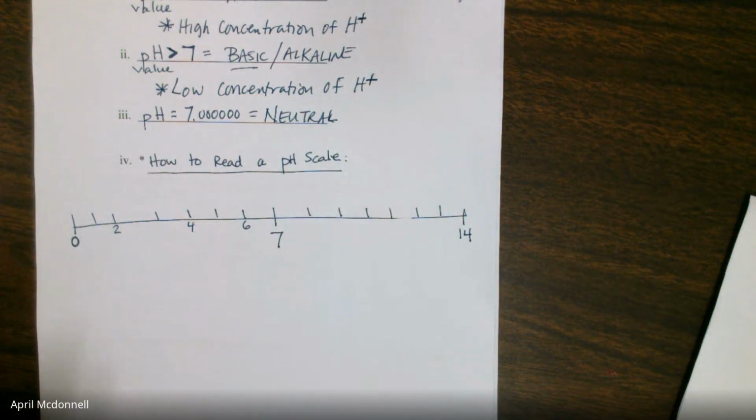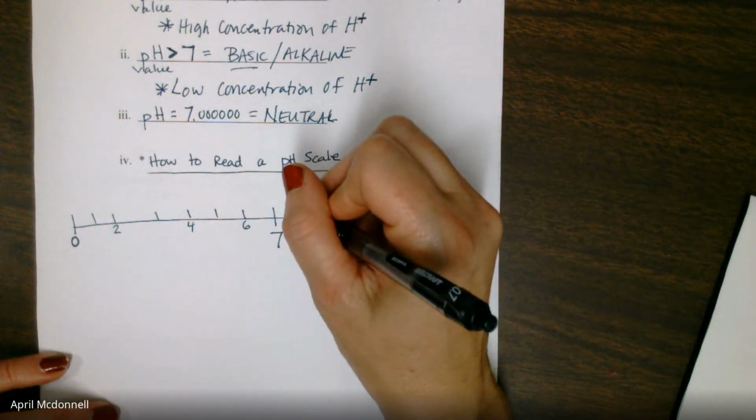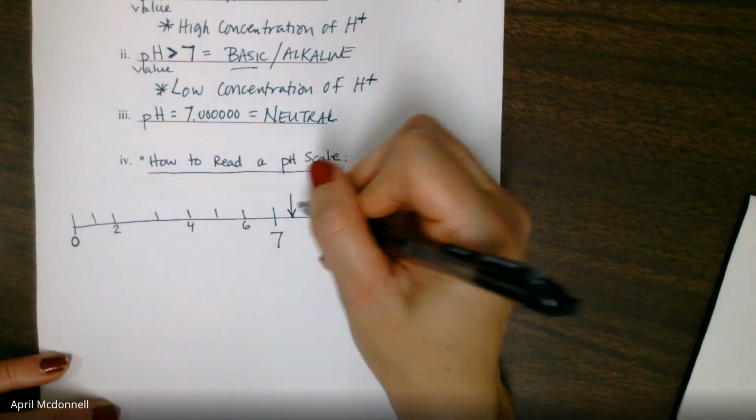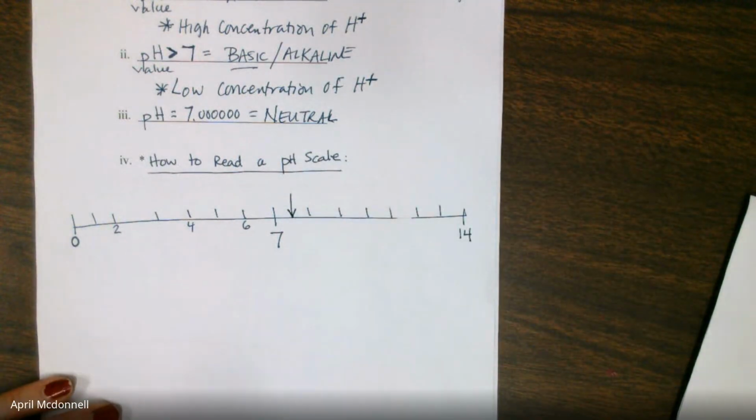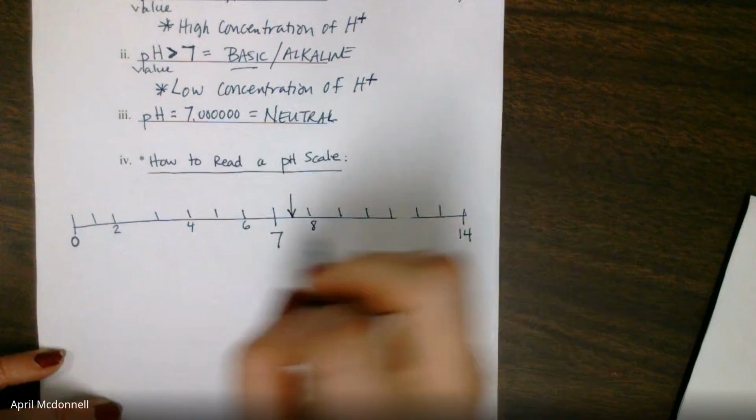Let's go ahead and look at the pH value of blood. I'm going to draw an arrow on the pH scale that I drew on our notes where the pH of blood falls onto the scale. So as you can see, it is between 7 and 8.